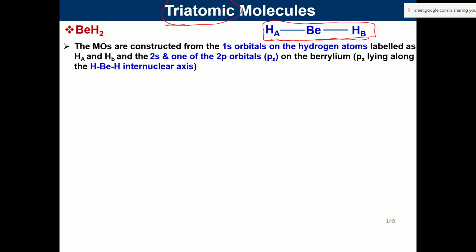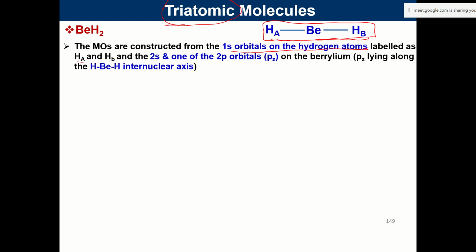We are labeling the two hydrogens as hydrogen A and hydrogen B for clarity of understanding, because the orbitals that we will take, we will accordingly label them. We label the 1s orbitals on the hydrogen atoms as A and B.